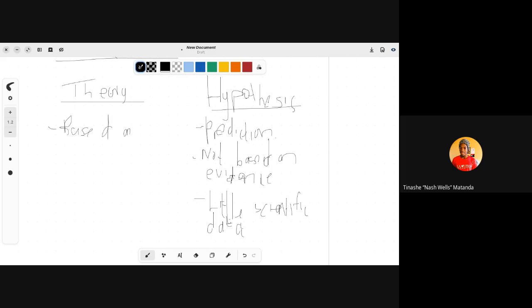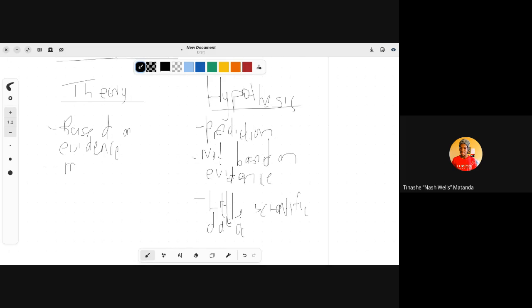This is based on evidence. When we base this on evidence, when we test it out, we do the experiment and we find out that the leaf is black or something like that, then there's the presence of starch and so forth, then that is now a theory because it is based on scientific data.